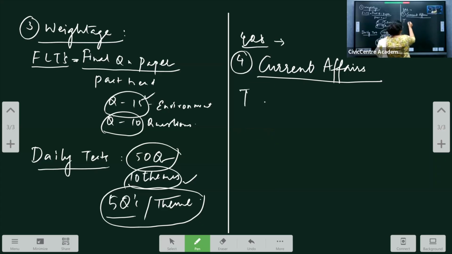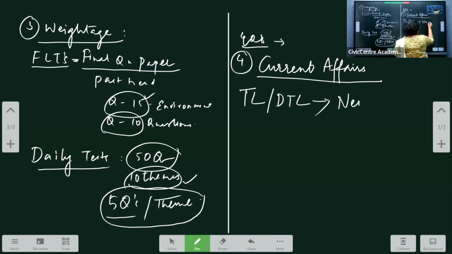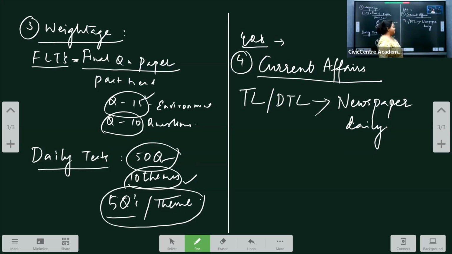So every team lead or DTL shall read the newspaper daily. It is a norm that you read the newspaper daily and collect the important themes that are there in the news. Do not pick every small and trivial piece of information available in the newspaper.